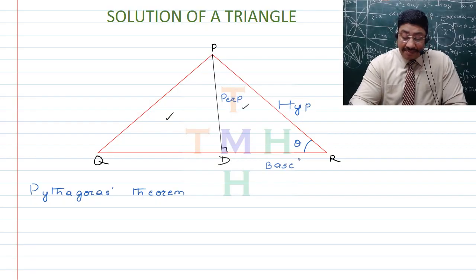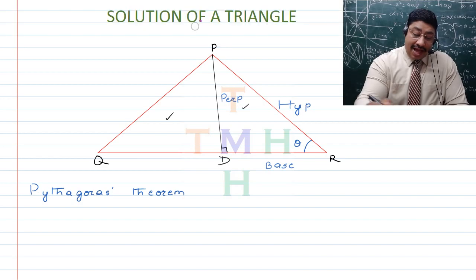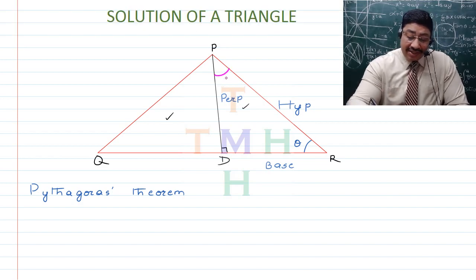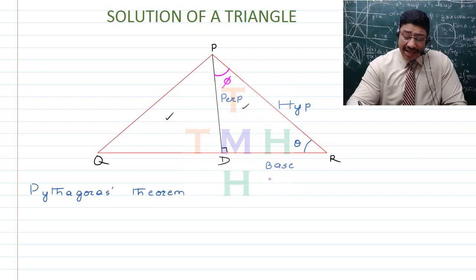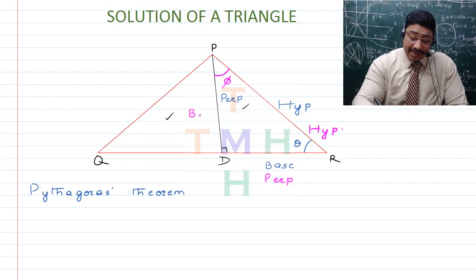For that matter, there's something different. Now if we take the other angle, let's say this angle, and let's say this angle is phi, and theta and phi are both Greek alphabets, then the side which is opposite to this angle will be the perpendicular, and the side which is opposite to 90 will always be the hypotenuse, and the third side will then become the base, right?